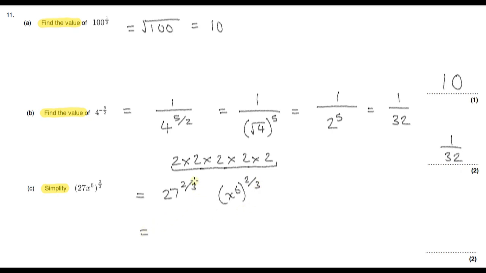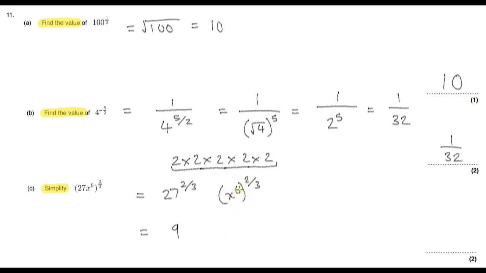So let's first of all evaluate what this is. Remember, the denominator of our power is going to be the root, and the numerator is the power. So we're going to take the cubed root of 27 and then square it. The cubed root of 27 is 3. 3 squared is 9. And then over here, we can use our laws of indices.